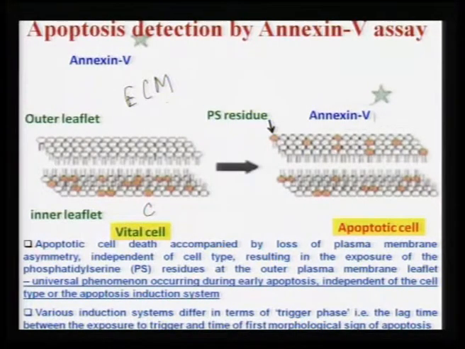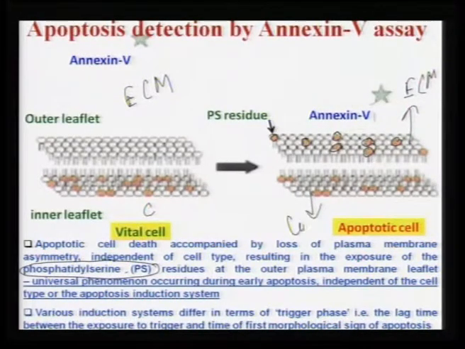Now, what happens when a cell undergoes apoptosis? Phosphatidylserine molecules, PS, shown as the red or differently colored ones here, are increasingly exposed towards the ECM compared to the cytoplasm.